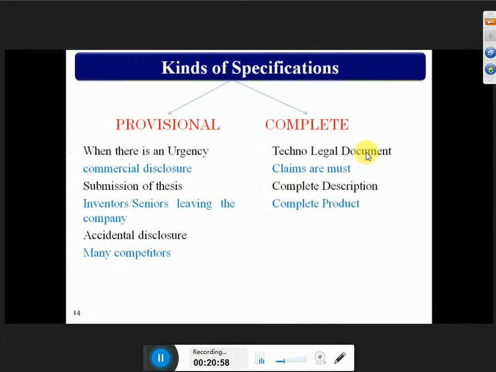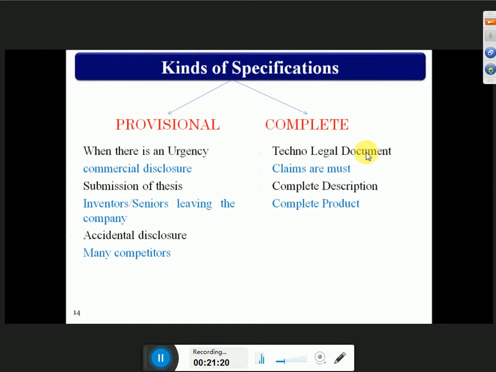Once you file the provisional application, you are assigned an application number, and the Patent Office India allows you 12 months. That means after you file the provisional patent application, you have 12 months to complete or convert those ideas into a product.